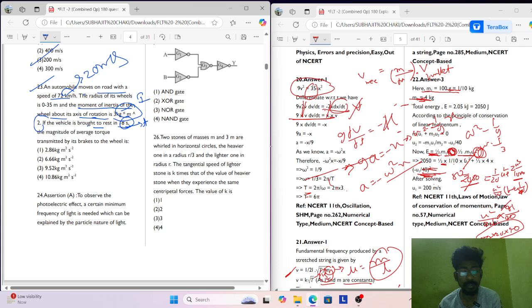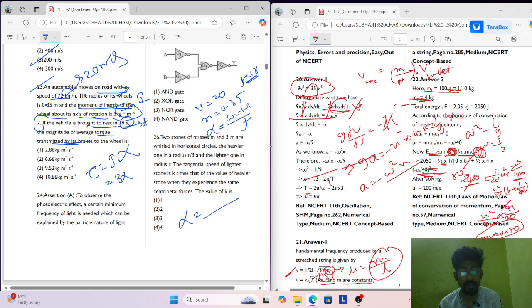The radius, okay. V you know, 20. R you know, 0.35 meter. The vehicle is brought to rest in 18 seconds, right? So T is also known. So alpha formula is what? Omega 2 minus omega 1 divided by T. Initially it was at rest.